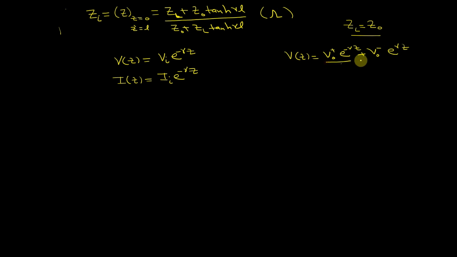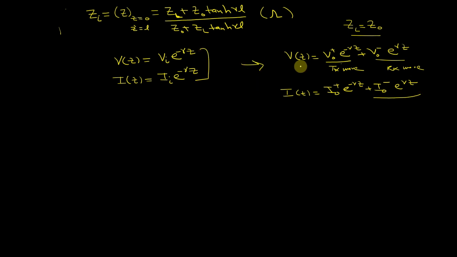This is the transmitted wave, and this is the reflected wave. Now we do not have this reflected wave here. Similarly for Iz, we have V naught plus e raised power minus gamma z plus I naught minus e raised power gamma z. Again transmitted wave. So no reflected wave. If you compare these two equations with the standard equations, only the transmitted wave is there when this transmission line is terminated with its characteristic impedance.